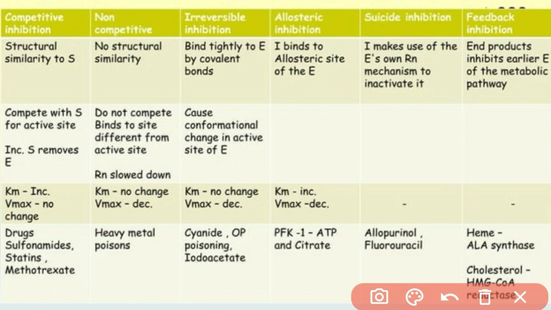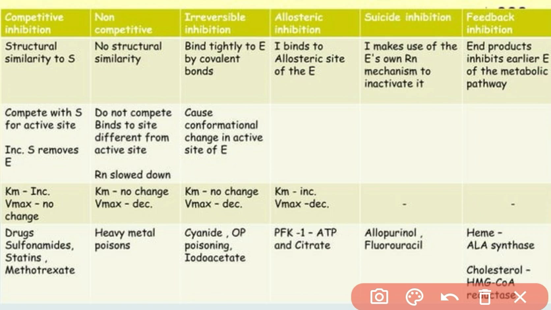So about the kinetics, in competitive inhibition, in the presence of a competitive inhibitor, the value of Km increases with no change in Vmax. In the presence of a non-competitive inhibitor, no change in Km but Vmax decreases.